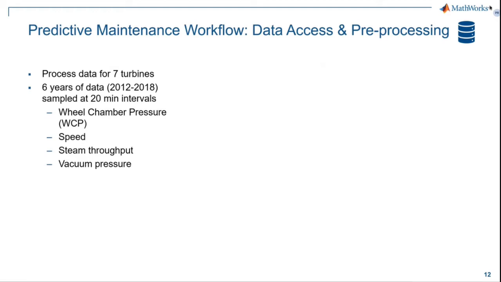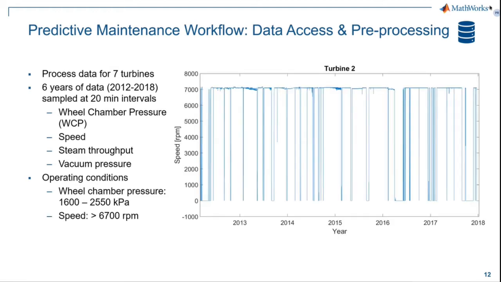We were also made aware of the operating conditions of the turbine, where wheel chamber pressure has to be in the range 1,600 to 2,550 kilopascals, and speed has to be above 6,700 rotations per minute.